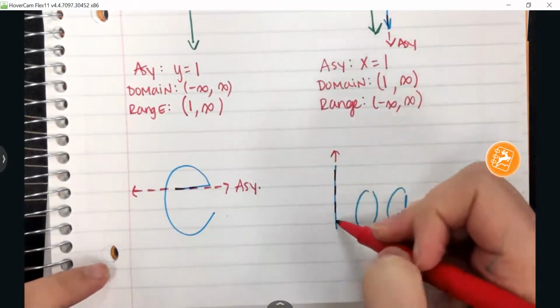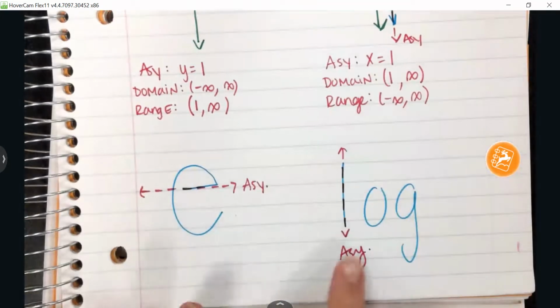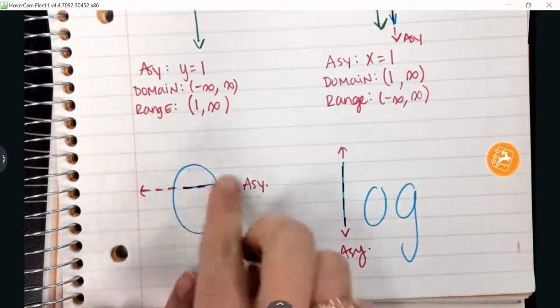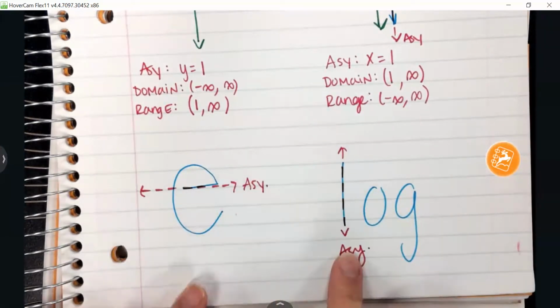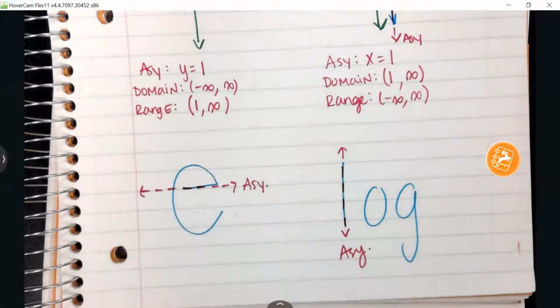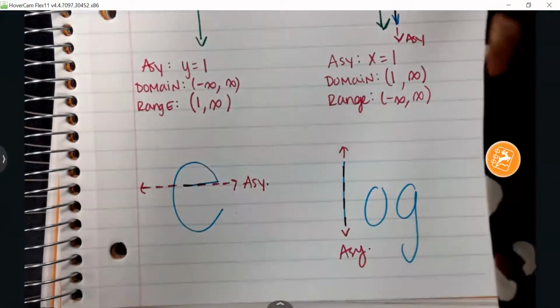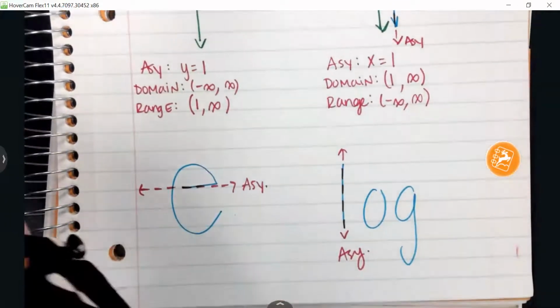That is the direction of your asymptote, okay? So if you remember E for exponential and L for log, those letters show you which way the asymptotes go. Questions? That's the only new material we are learning today, okay?